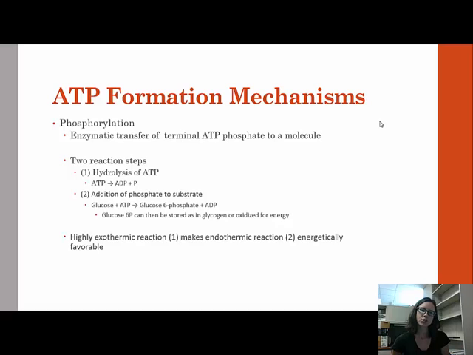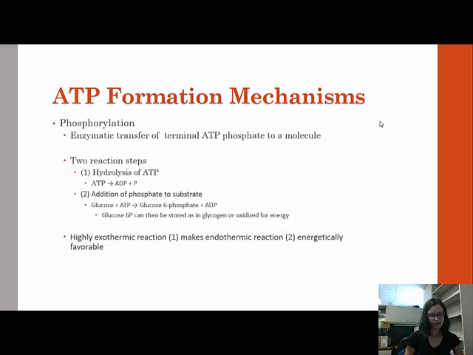Now, this reaction has two steps. First, the lysing of the ATP to the ADP plus the phosphate, then the addition of this phosphate onto a different substrate. One example of this that's really relevant to our class is the addition of the phosphate onto glucose.